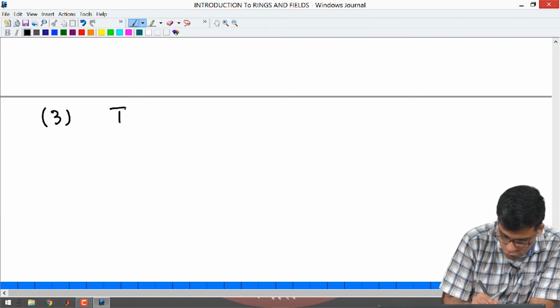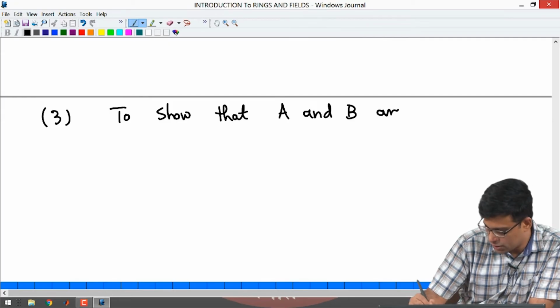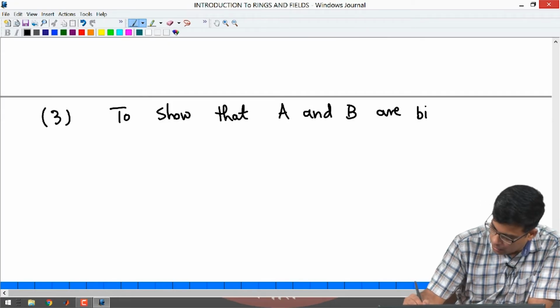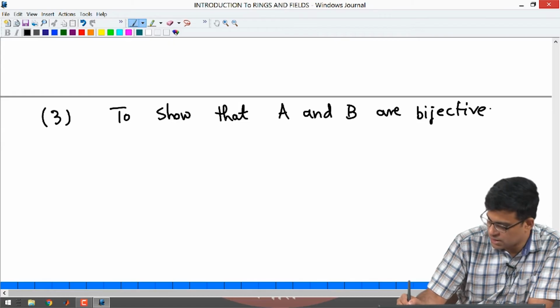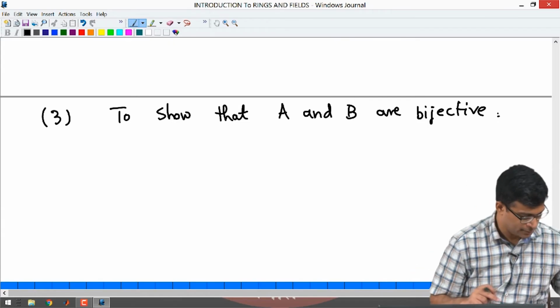So, to show that A and B, just defined in the statement, are bijective. Remember, A and B are just sets. So, there is no additional structure here, they are just sets.